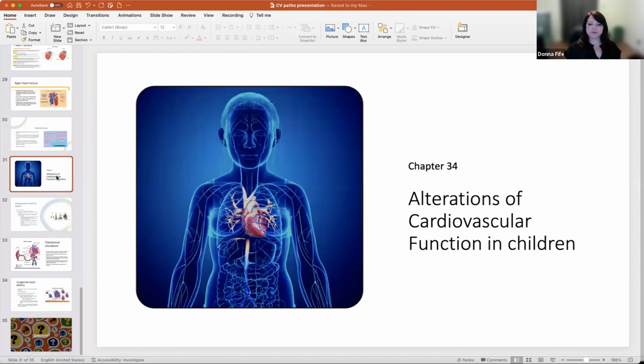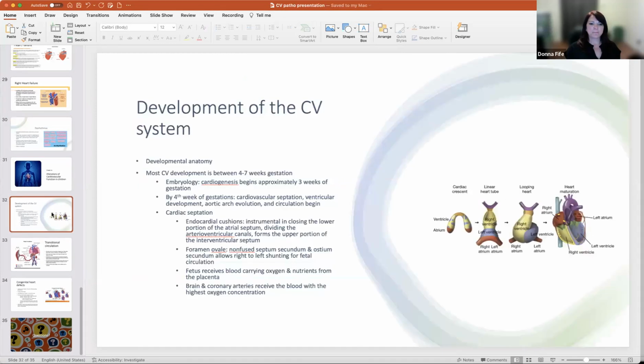Okay, we'll look at some alterations of cardiovascular function in children. The development of the cardiovascular system: most of the cardiovascular development occurs between 4 and 7 weeks gestation. Embryology, there's cardiogenesis that begins approximately 3 weeks of gestation.